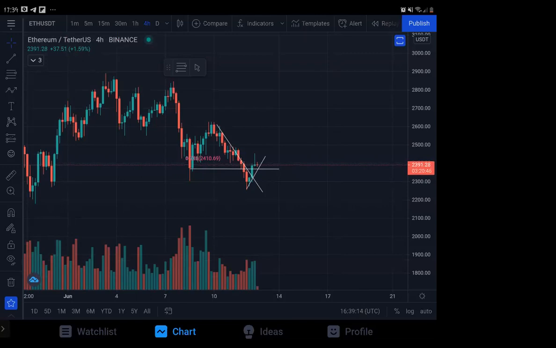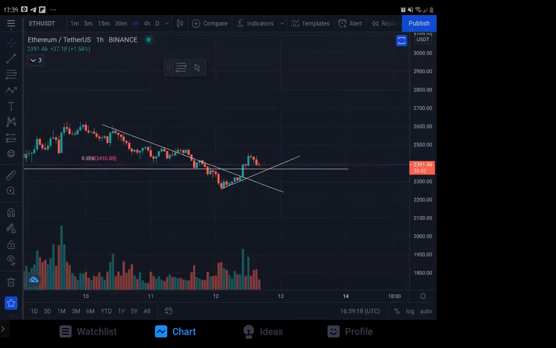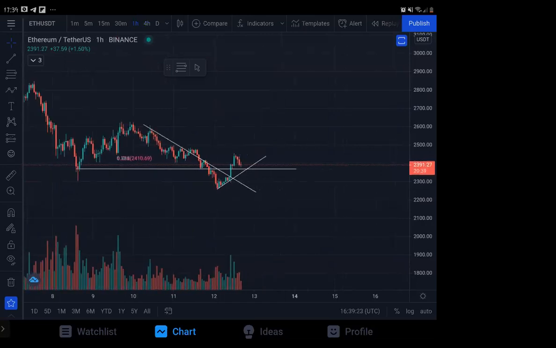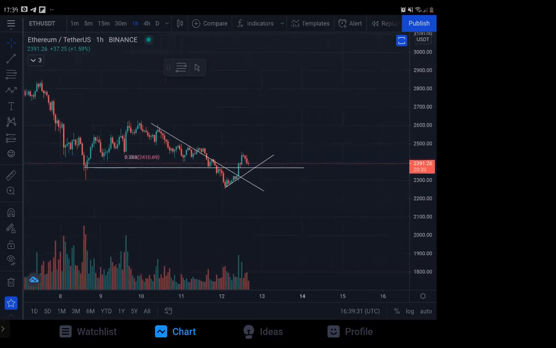So basically, I've talked about drawing tools again. Drawing tools, which are the lines you use to draw support, resistance, and also a trend line and all that. So that's that. Another important aspect of trading is structure.